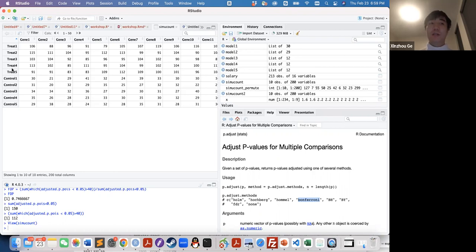And if we do the permutation and do the analysis again on the permuted condition, as the condition does not make sense anymore, the two permuted conditions will not be useful to predict the counts, so after permutation, all the genes should be non-DE genes.